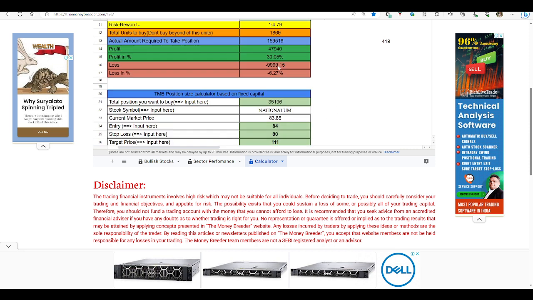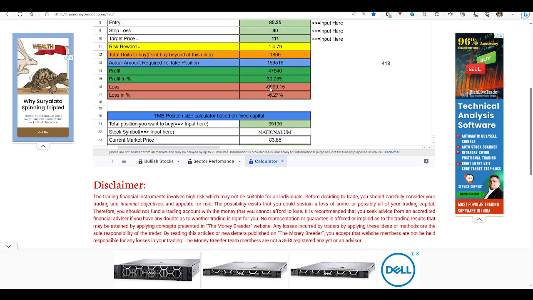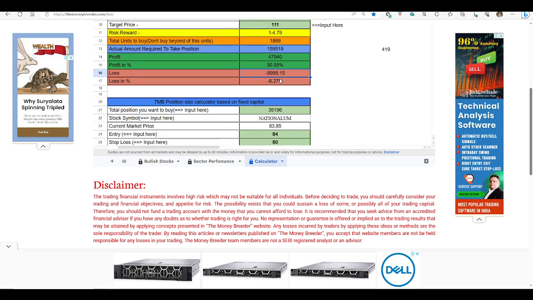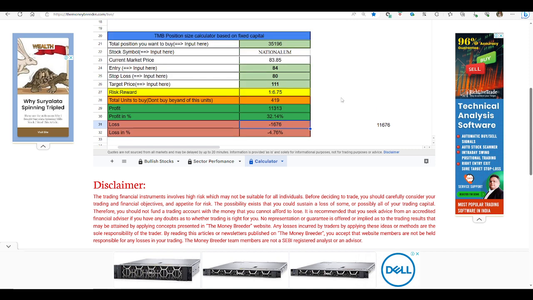Over the 10,000 rupees risk, the additional risk we want to take is 1676 rupees. So now total risk is 11,676. The target is not changed.